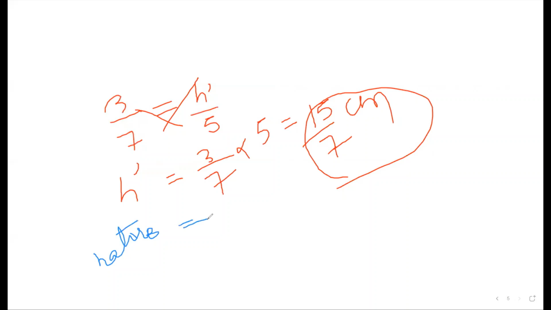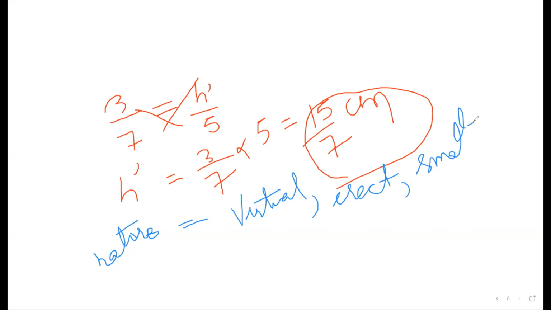Because it is on the right hand side, plus sign, it is virtual. It is virtual and erect. And compared to the object size, the image is small, which we always get in the case of a convex mirror, irrespective of the position.